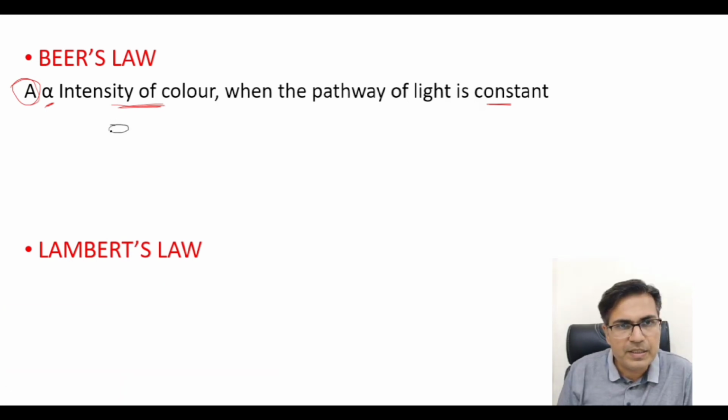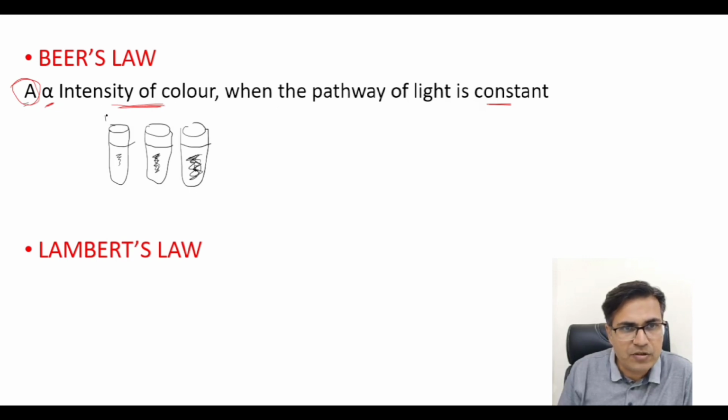What does it mean? Suppose we have three test tubes. The color of the first sample is a little lighter, the second is more intense, and the third is more intense than the second one. Absorbance is directly proportional to the intensity of color, and the pathway of light is constant here.